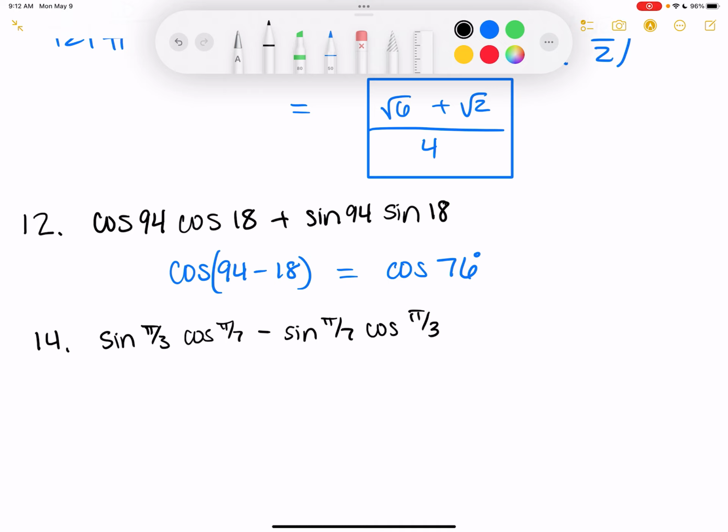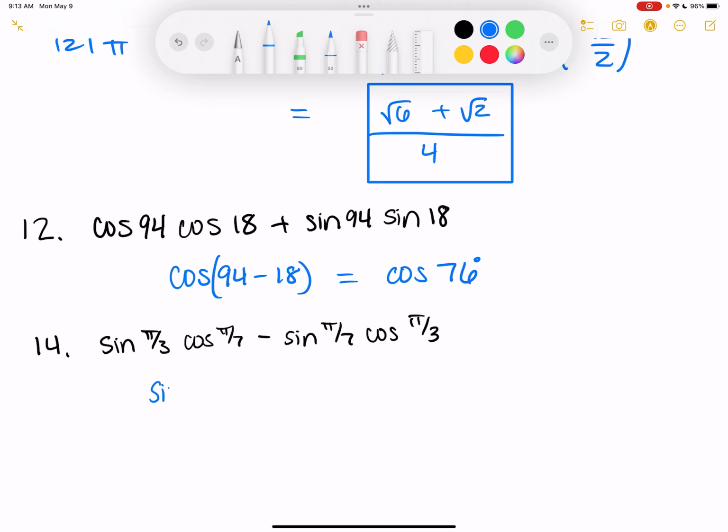Okay. All right, this one, just leave them as radians because we'll get a common denominator and it'll be way easier. Sine of pi over 3 minus pi over 7. Then we want to get a common denominator. Just make it 21.